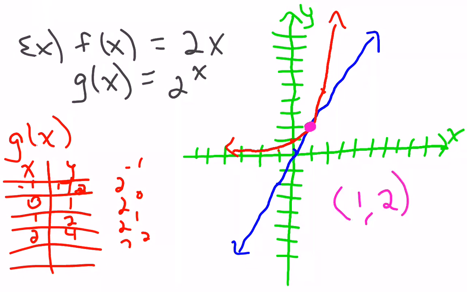And I erased the other one, but what we would notice is that when I was filling out this chart that they would have matched. If I plug 1 into f of x, it's 2 times 1 gives me 2. So they both have that same point. So we would see it in the XY charts where they match, but we could also see it in the graph. That's it for this video.